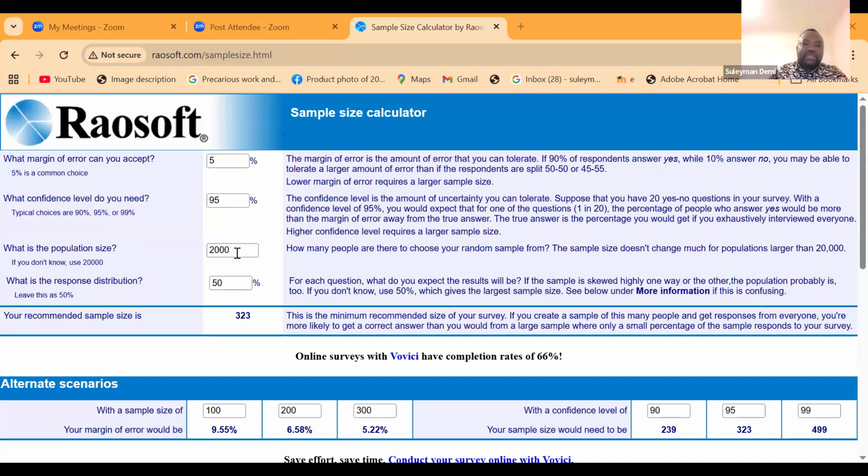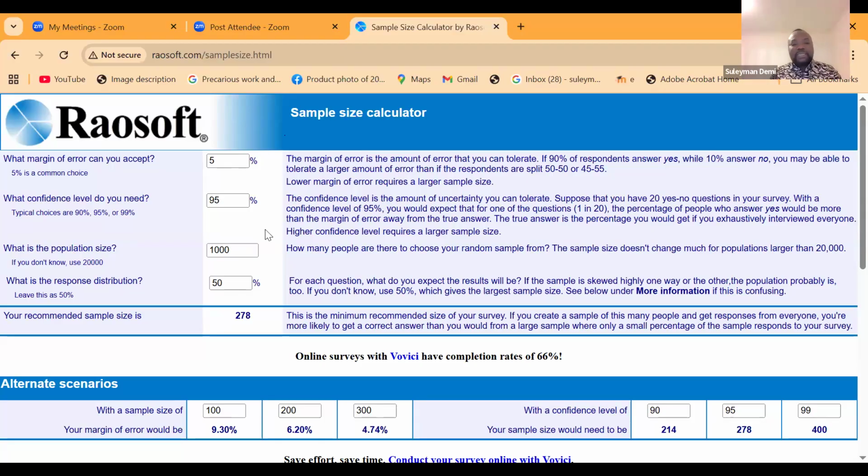Okay, so let's use 1,000, right? Are you all watching? Yes. Okay, let's use the same margin of error of 5 and confidence level of, let's say, 95.